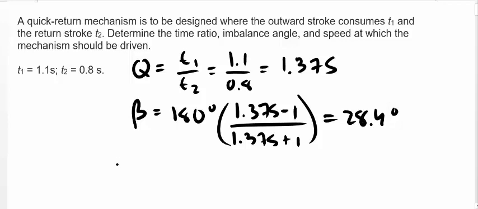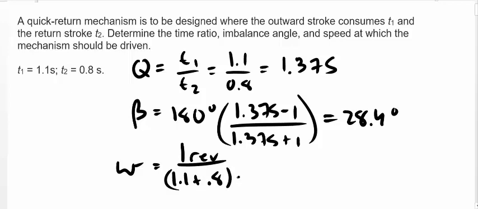And then we'll go to the omega, which is just 1 revolution divided by the time. This is another way to get it done. You can add up the times, call that seconds. So it takes 1.9 seconds to do 1 revolution, and we've already flipped it over because it's the omega.